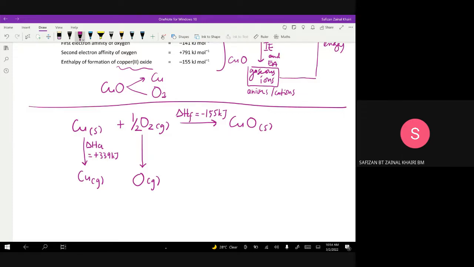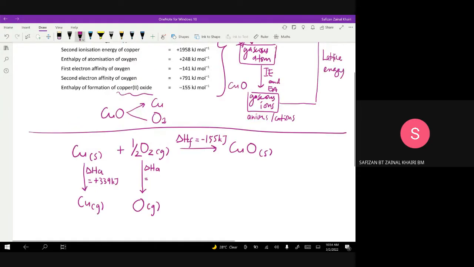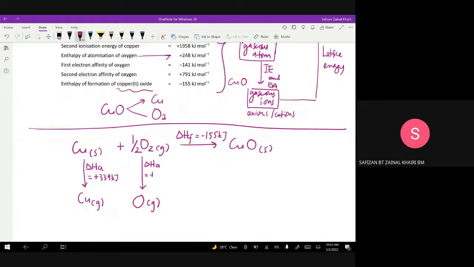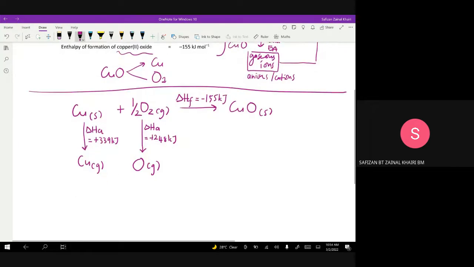Okay, so the process here is atomization of oxygen. So the enthalpy change involved is atomization of oxygen. Okay, the value here is positive 248 kilojoule. Okay, so done.